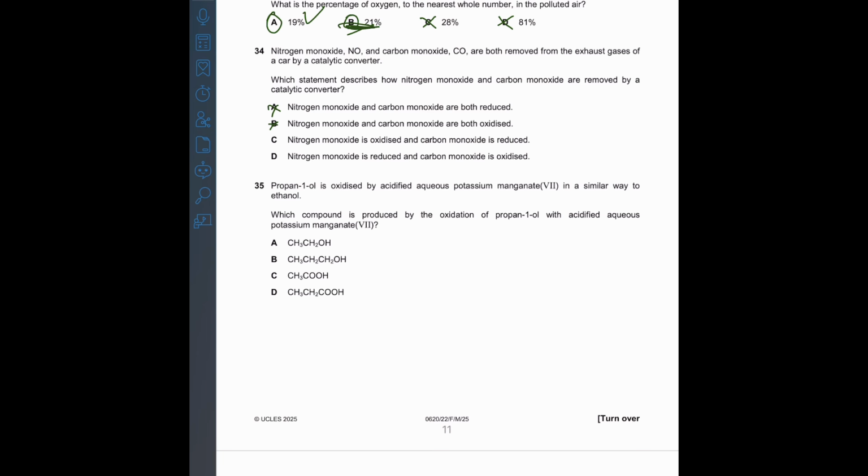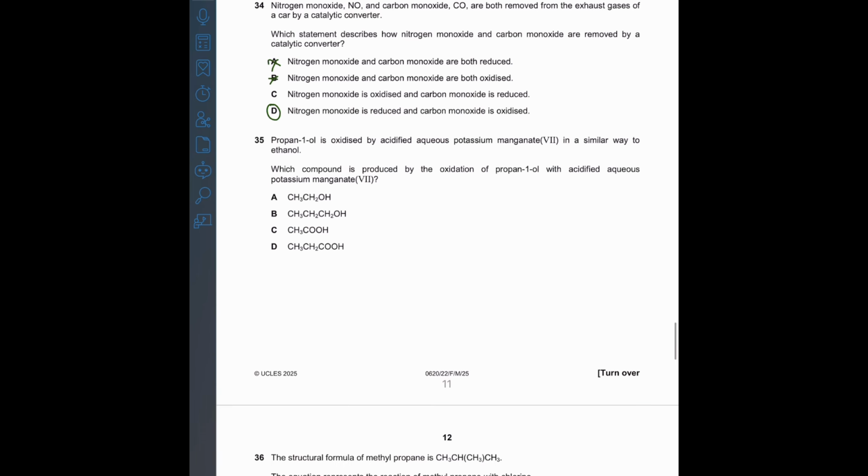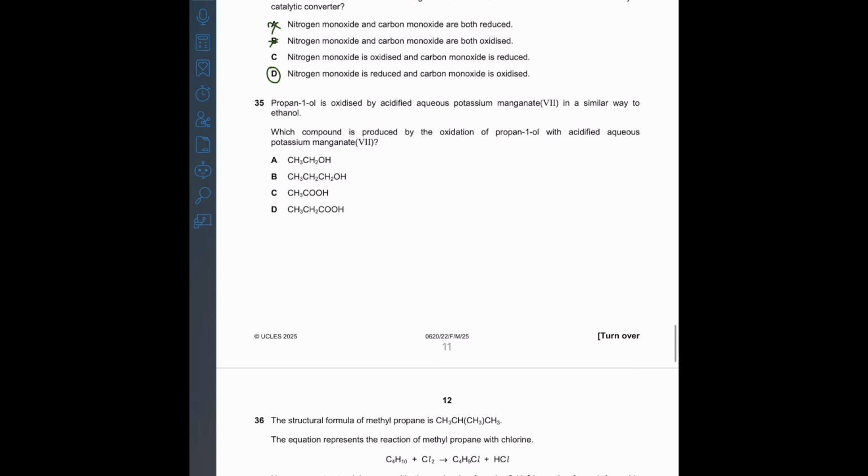Reduced means oxygen removed. Oxidized means oxygen gained. In the catalytic converter, nitrogen monoxide is converted to nitrogen and carbon monoxide is converted to carbon dioxide, meaning nitrogen monoxide will be reduced to nitrogen and carbon monoxide will be oxidized to carbon dioxide.